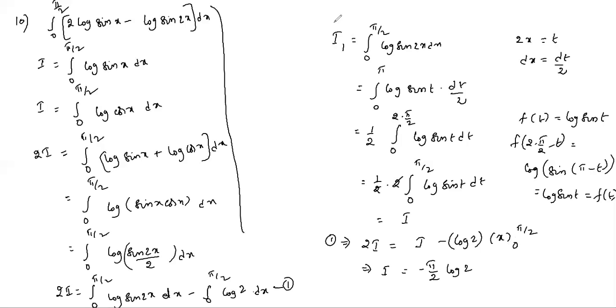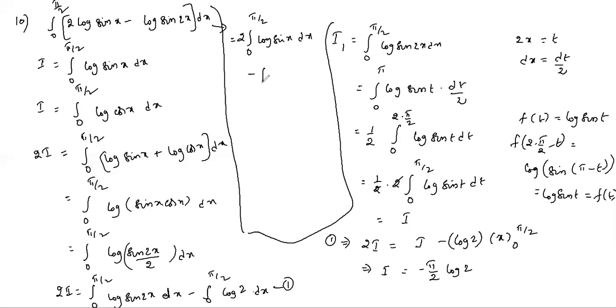Now what you have to find is this one: 2 times integral 0 to pi by 2 log sin x dx minus integral 0 to pi by 2 log sin 2x dx. So 2 times integral 0 to pi by 2 log sin x dx is minus pi by 2 log 2.